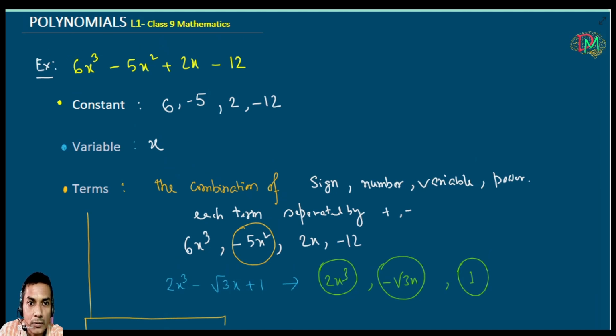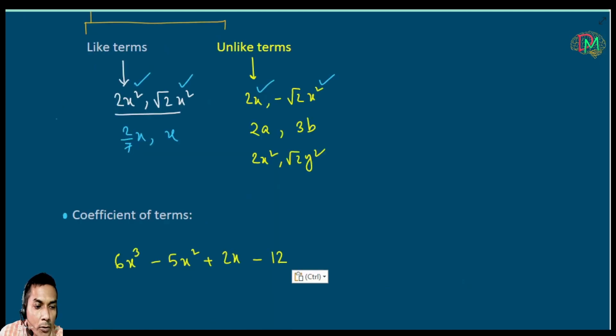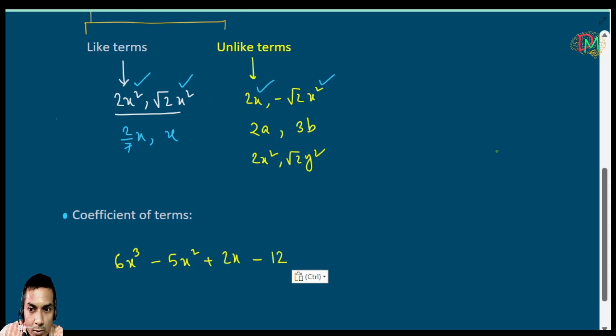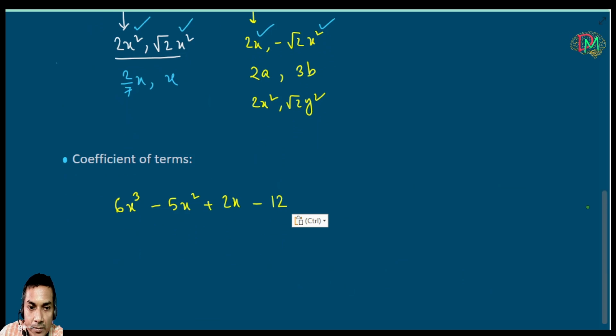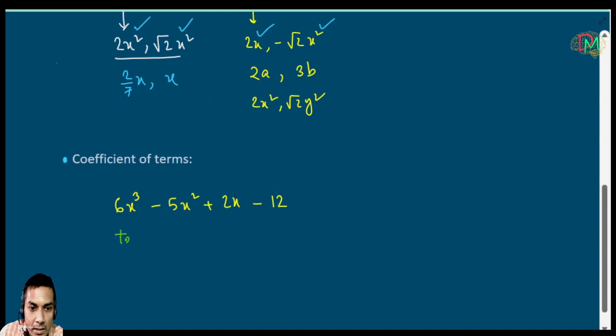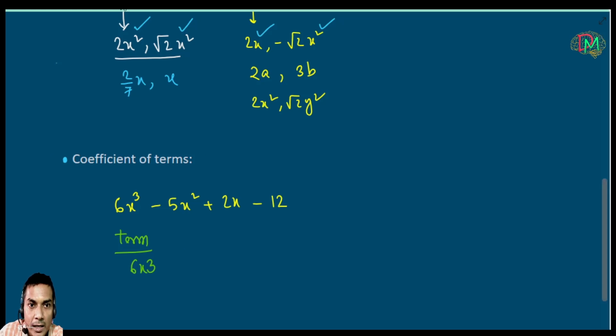So here we take one copy. In this example, first you identify the term. So the term is 6x cube, and on the right side you write down the coefficient.